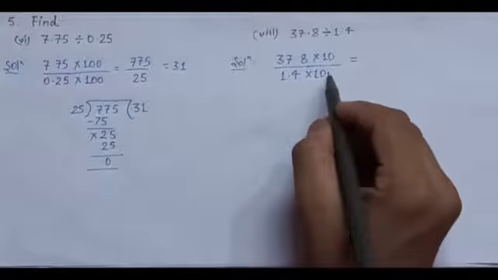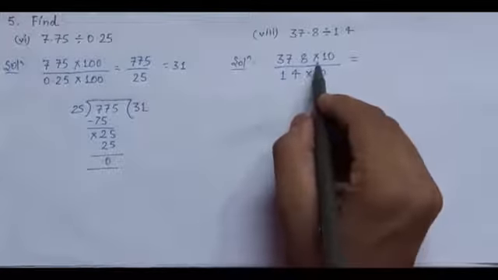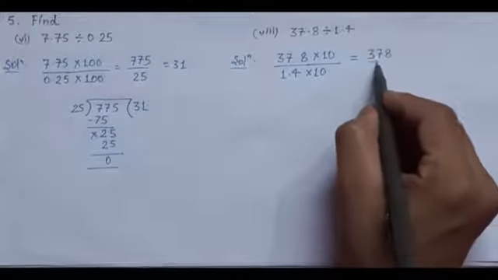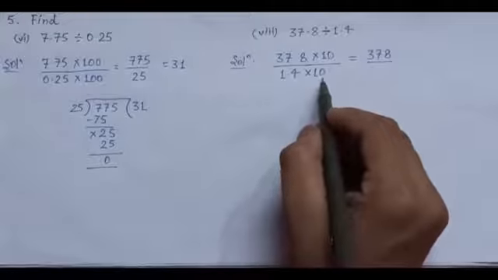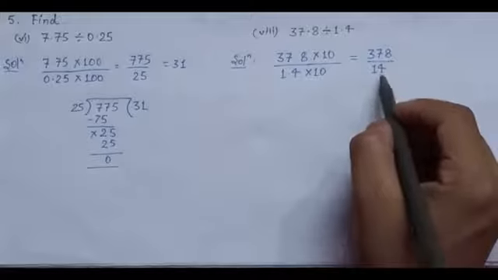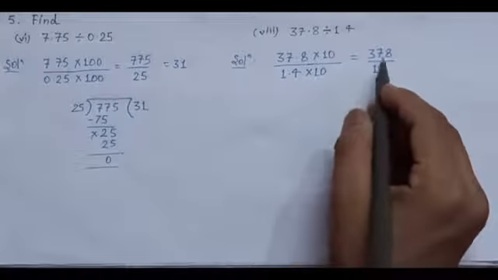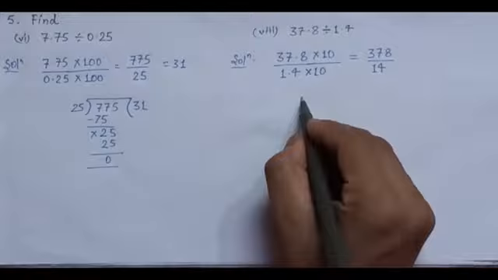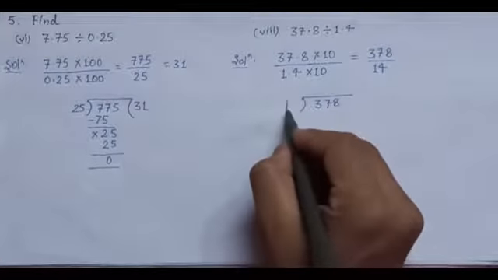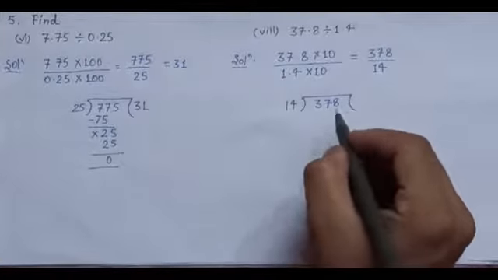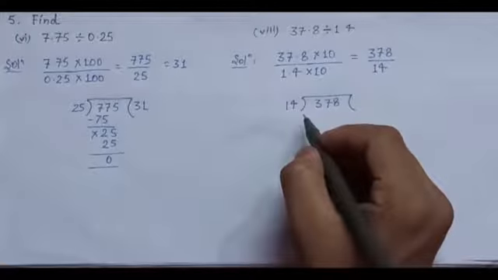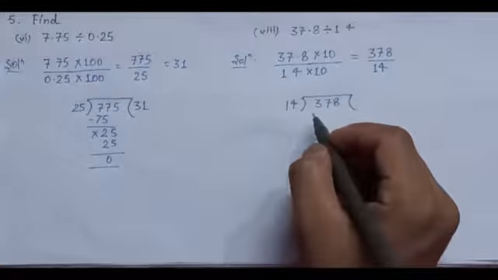After multiplying, 37.8 times 10 comes out to be 378, and 1.4 multiplied by 10 comes out to be 14. So we have to divide 378 by 14. We can perform this division as we do in the case of whole numbers. Our dividend is 378, our divisor is 14. Now you know 14 times 2 is 28 and 14 times 3 is 42.